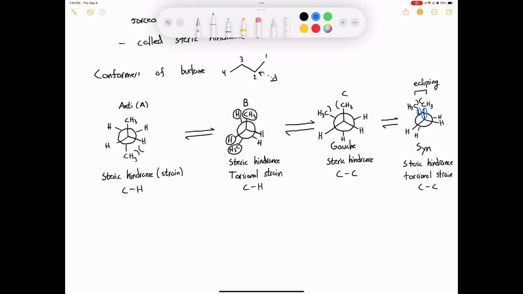What do you think is the most stable? All right, good. The first one would be where the methyl groups are furthest away. That's A. What comes next? What's the second most stable?